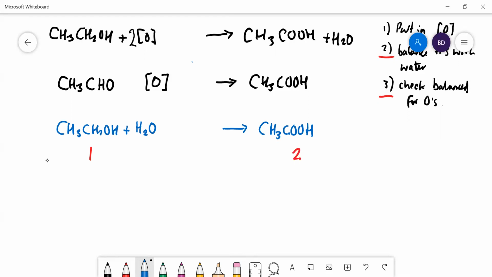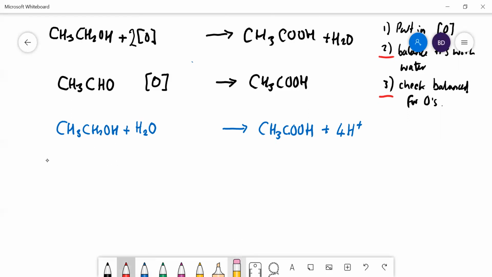Now we need to balance for the hydrogens. I've got 8 hydrogens on that side and only 4 on that side, so I'd need to put in 4H+ to make that work.